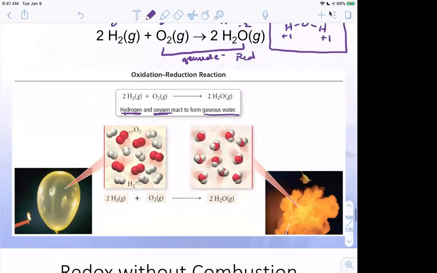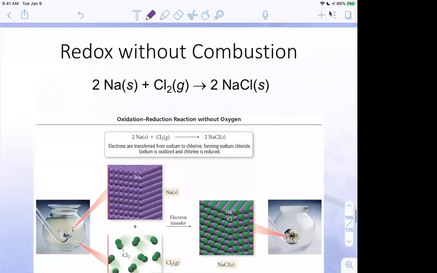But you can see here that I have hydrogen gas reacting with oxygen gas, and what I'm going to get is 2 molecules of H2O, and that would be considered redox because of those changes in oxidation numbers above.